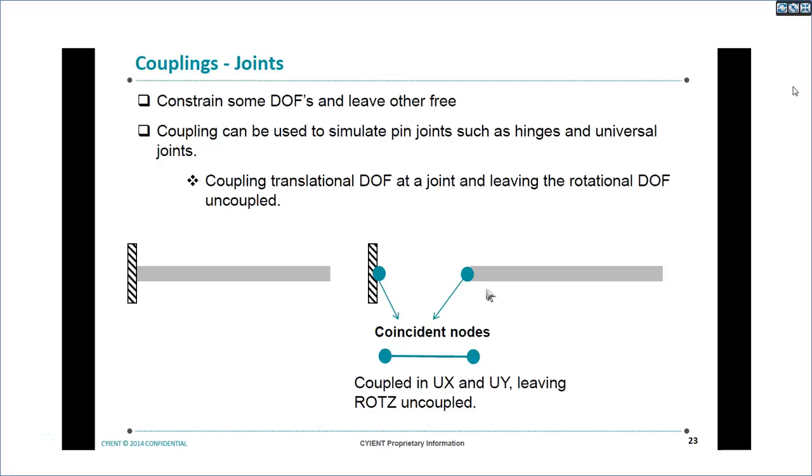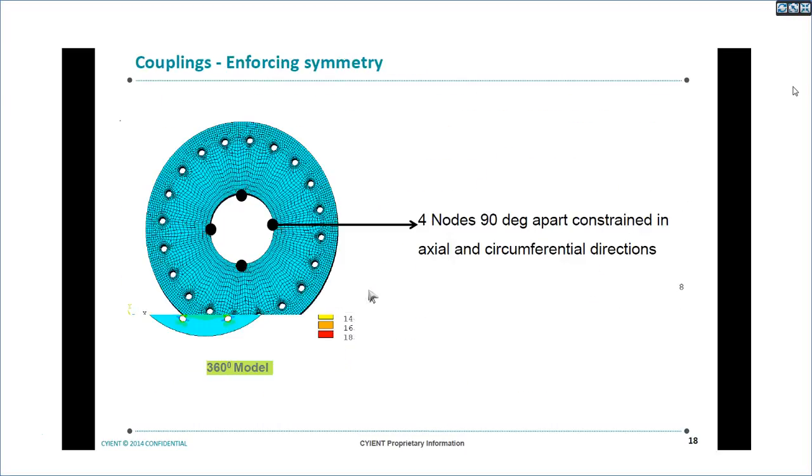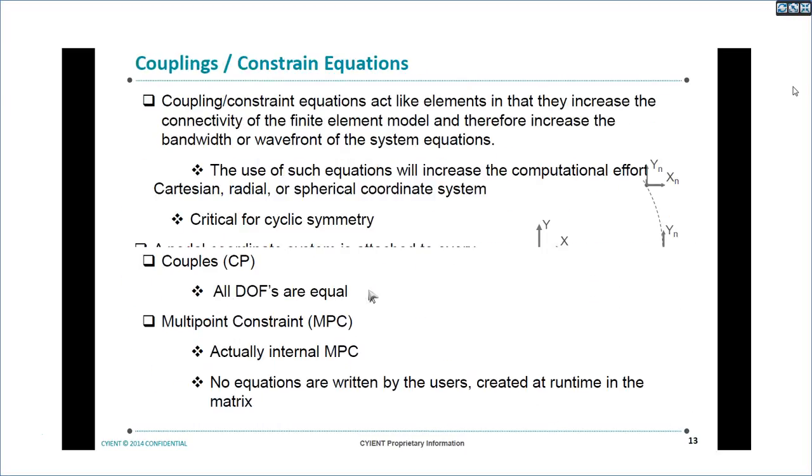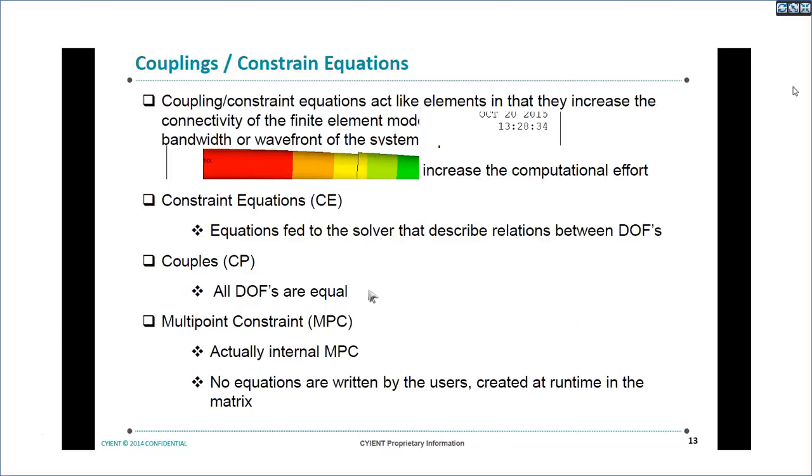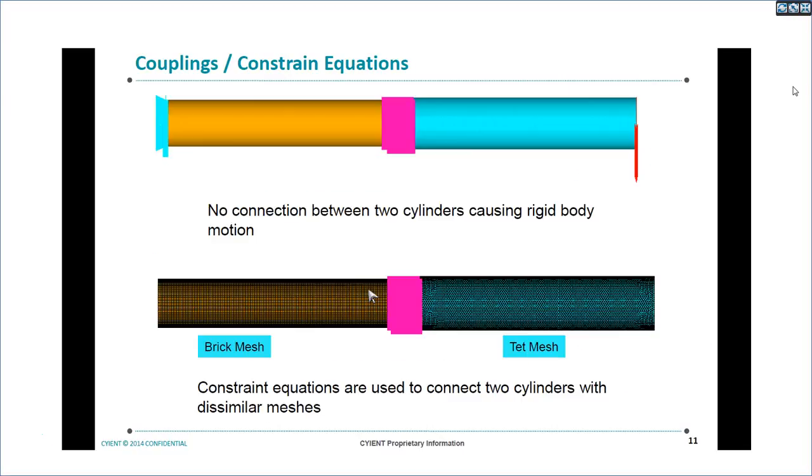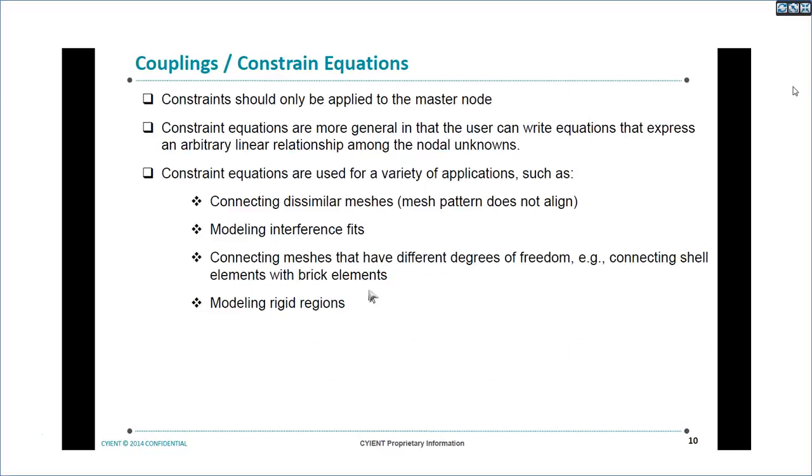If this node is a slave node and you try to constrain it, the program won't solve, saying there is an issue with the master and slave nodes. The master node should always be driving the slave nodes. So constraints should always be applied to the master node.